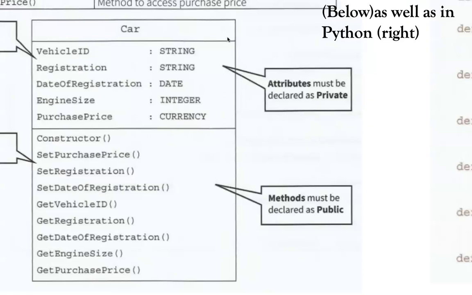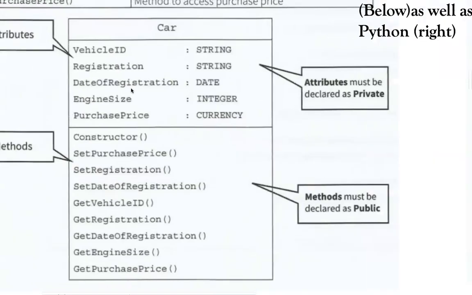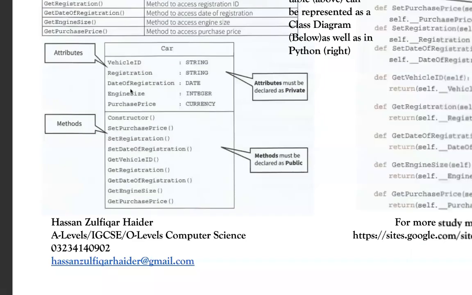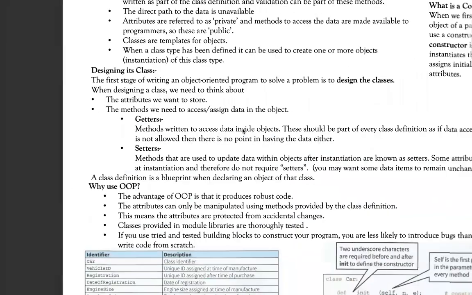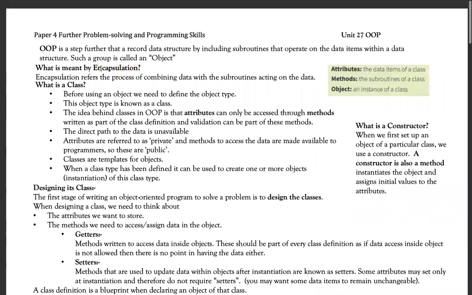The reason that we always go for object-oriented programming is because it gives us greater control over access of data. Basically, encapsulation is the concept that all of the data of my object is made part of a closed set. By closed set, I mean all of the data and subroutines are made part of one object. And the data attributes will be accessed only by the methods available to them.